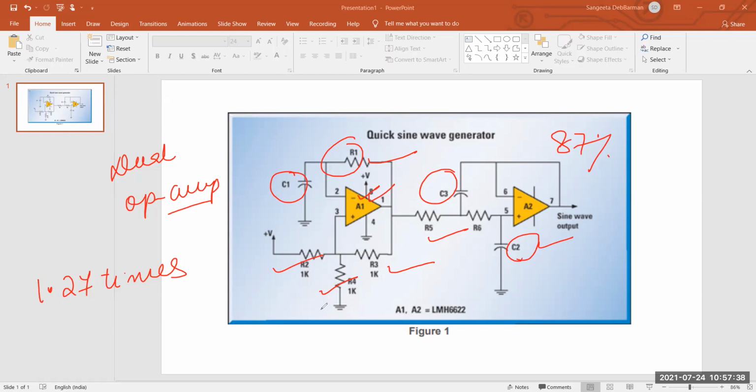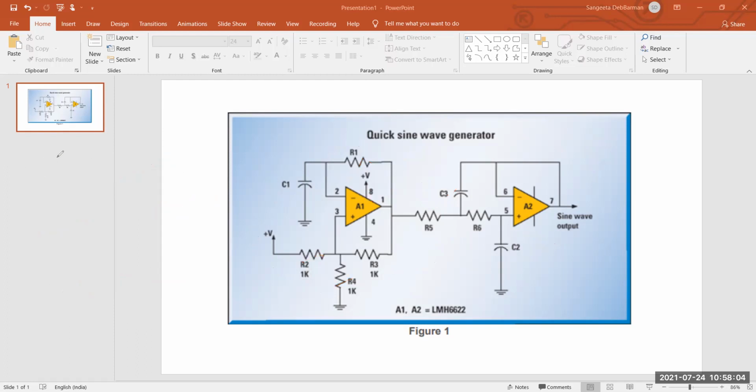The necessary sine wave frequency is capital F, they are considering. Okay, this is the sine wave frequency. So the capacitor C1 value you can select randomly, and the other component values are calculated. Let me show you how it appears. I am removing everything. They are taking C1 equal to C2, which means whatever value of C1 you take can be equal to C2.